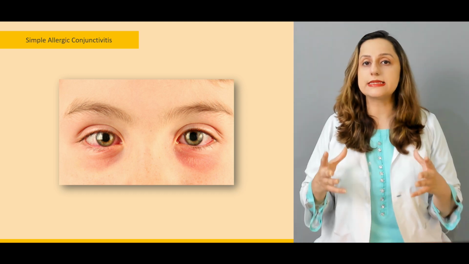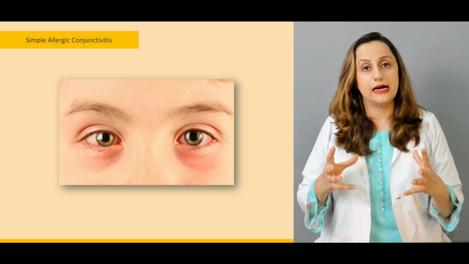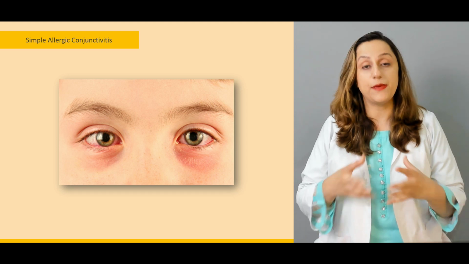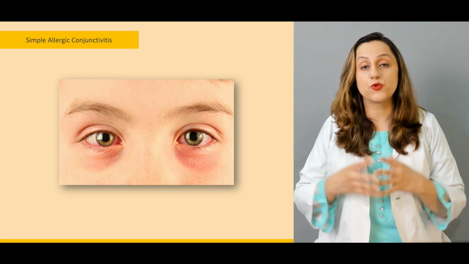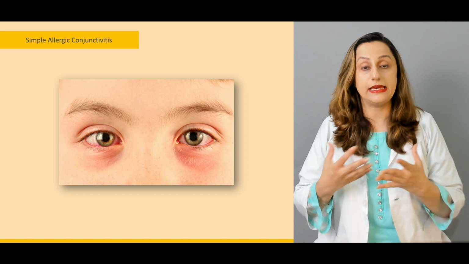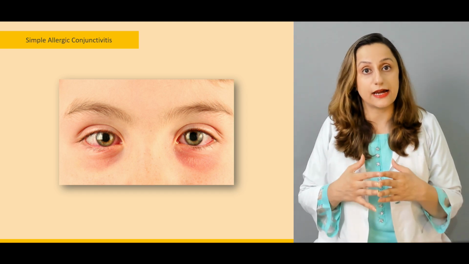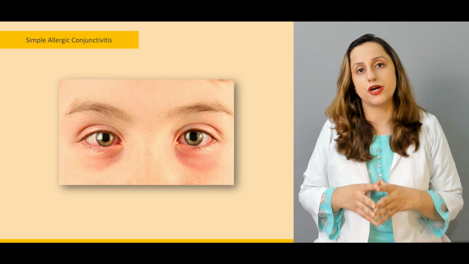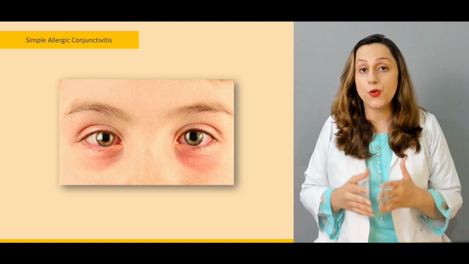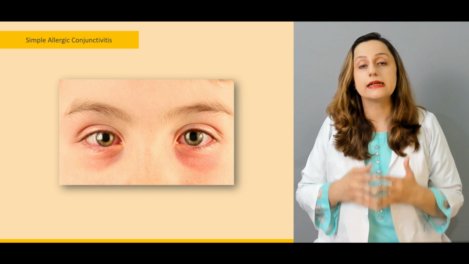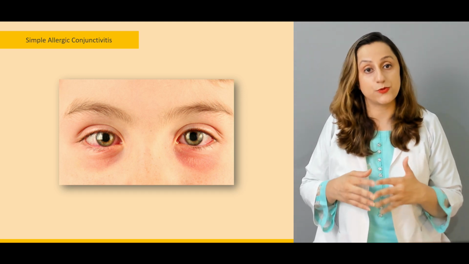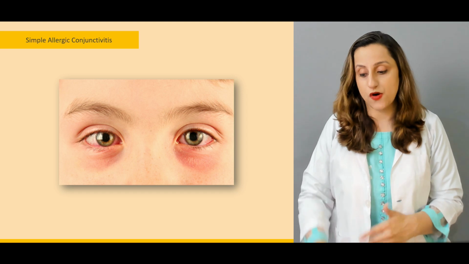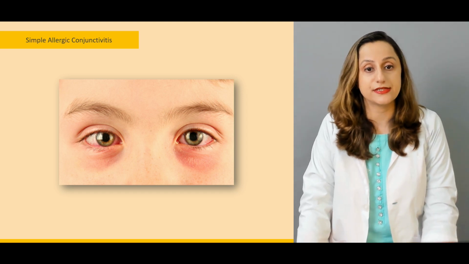There would be visible signs of allergy: inflamed eyelids, puffiness of the eyes, redness of the conjunctiva, inflamed vessels in the conjunctiva, and that stringy, ropey discharge. These are the clinical signs and symptoms that we look for in a patient with simple allergic conjunctivitis.